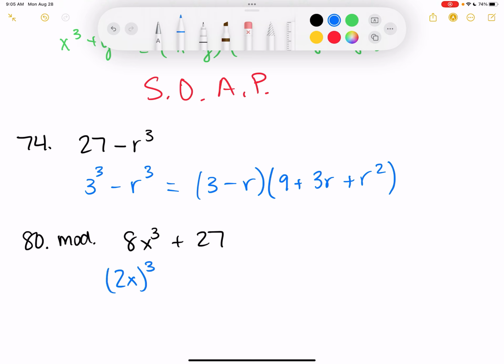And then I like to write it this way so that when I'm going through and doing my terms, it already looks like it did up above. And then plus, we already had said 3 cubed is 27, so it'll look like that. So first step, copy it down, same sign, so it'll be 2x plus 3 in the first parentheses.